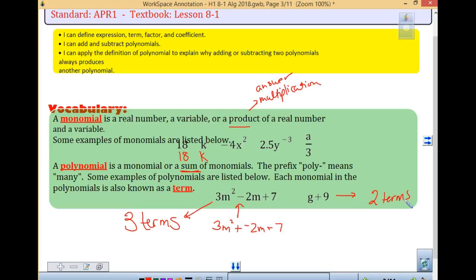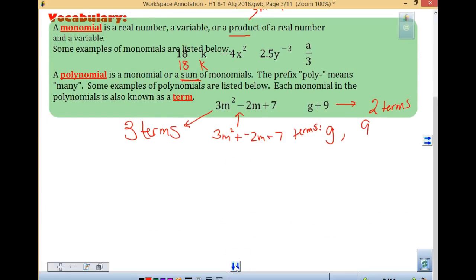If I asked you to list the terms in your homework, so you don't need your calculators right now, we are listing our terms. We would have g as 1 term. If I said, tell me what are the terms in this polynomial, g would be 1, 9 would be the other one, right? If I was looking at the terms in this one and I said, okay, it's 3 terms, what are those 3 terms?